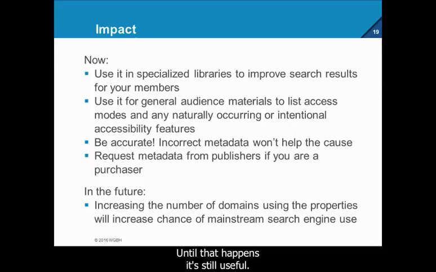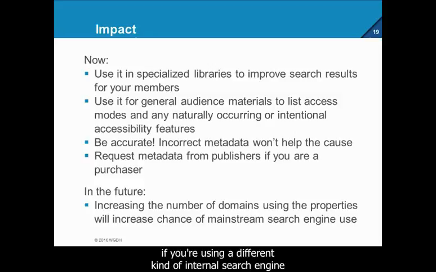Until that happens, it's still useful. You can use it internally for your own. For example, you could create a Google custom search for your library or institution's website. And in your Google custom search on your own website, you could provide access to accessibility metadata that you've created in your pages. You can use it internally even if you're not using Google Custom Search.